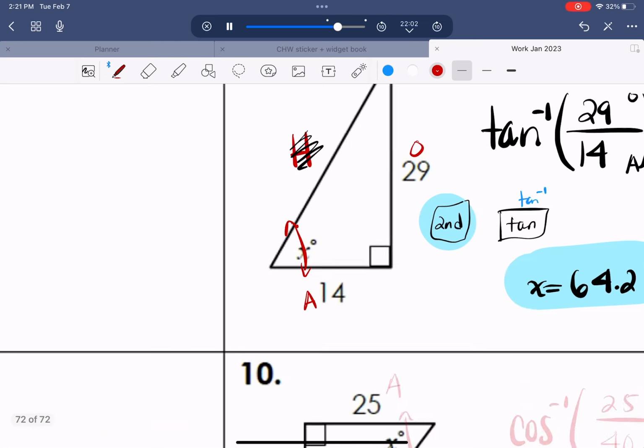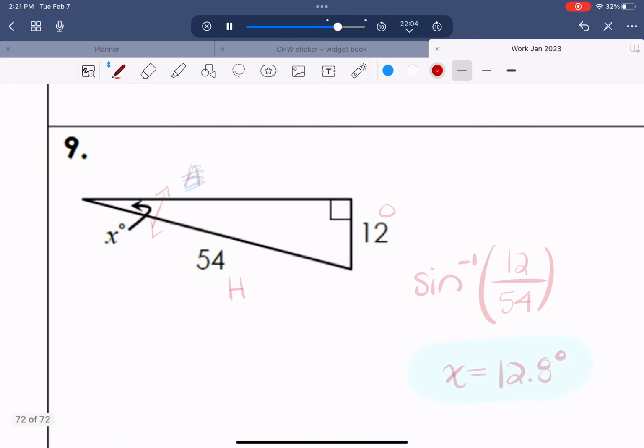Okay, last one. We would get H. The box is here, so this one is H. They don't touch. And then here's the degree. So H and A. Bottom is H, top is A, and this would be O. I am going to scribble out the A. So that means I have to use the one with O and H, which would be sin.